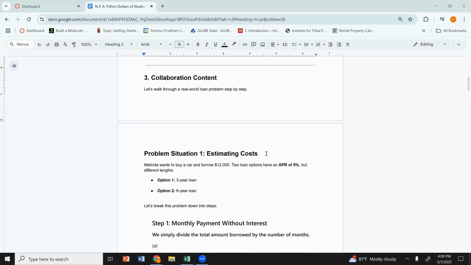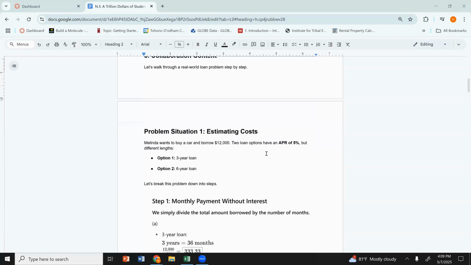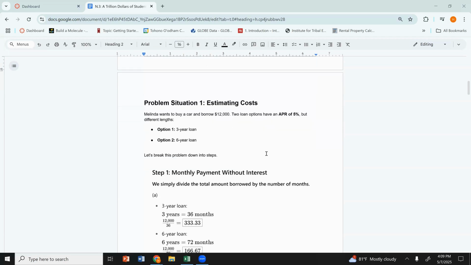As part of this collaboration, we will walk you through real-world loan problem examples, step by step. So here's our first real-world problem, situation one, how to estimate costs.